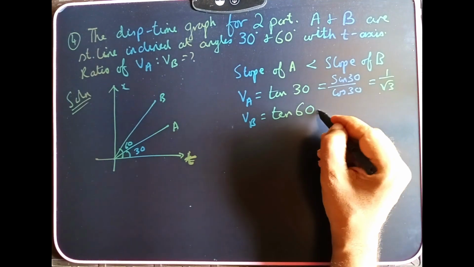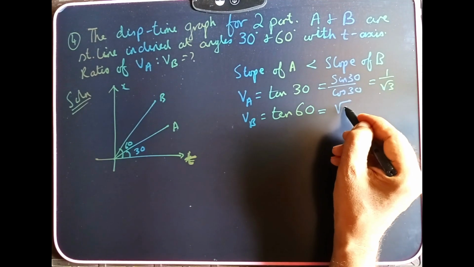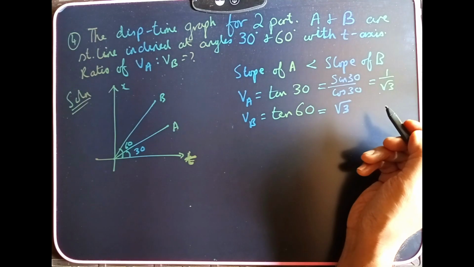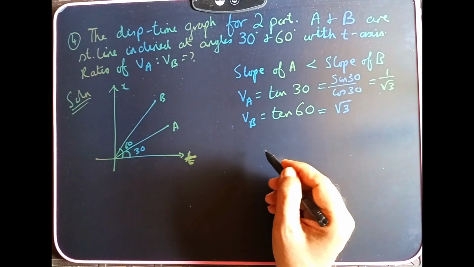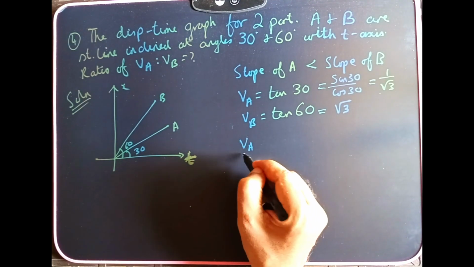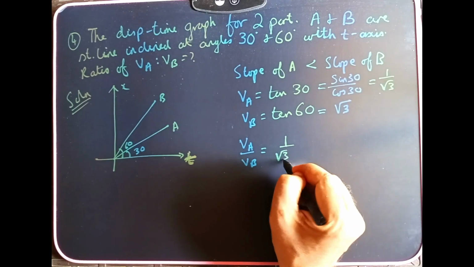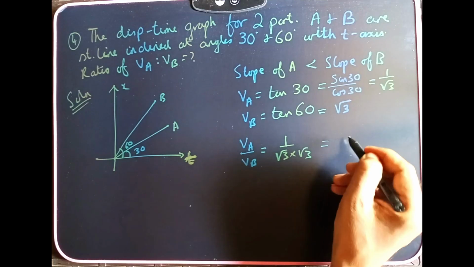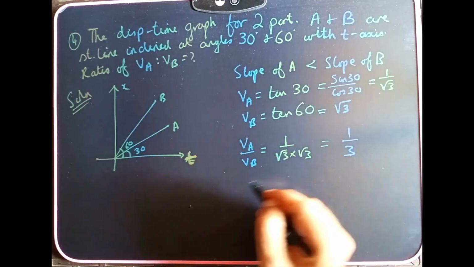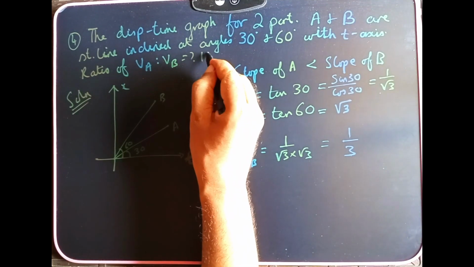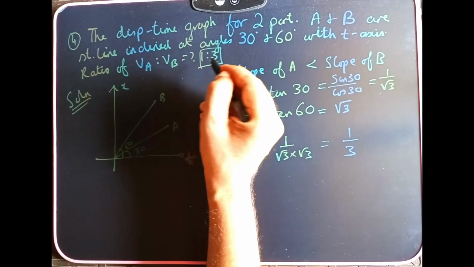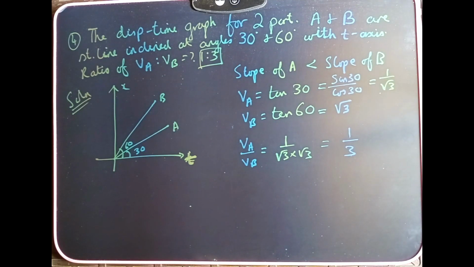Tan 60 will be root 3. So the ratio VA by VB is equal to 1 by root 3 into root 3, which becomes 1 by 3. So the ratio is 1 is to 3. This is the ratio. So let's solve another problem.